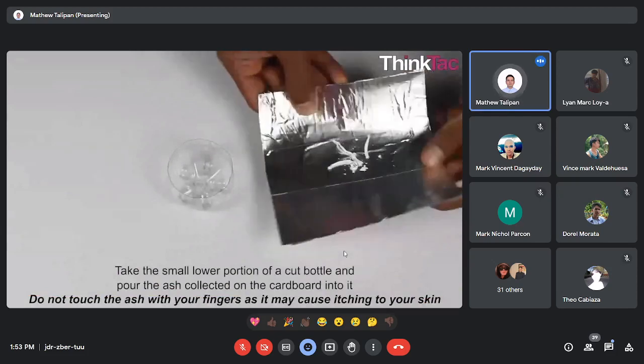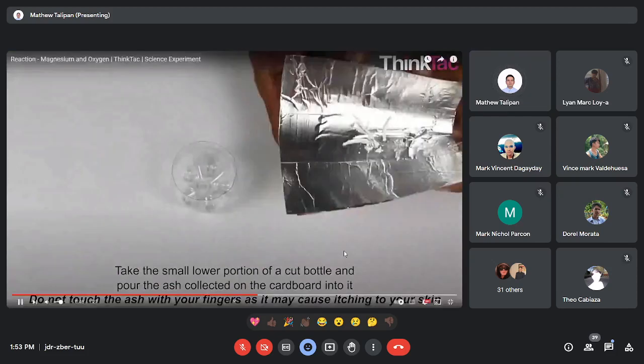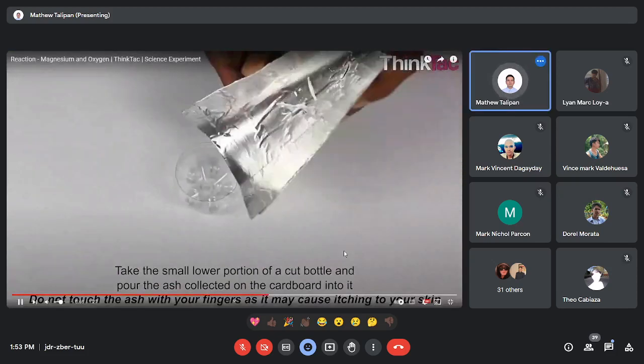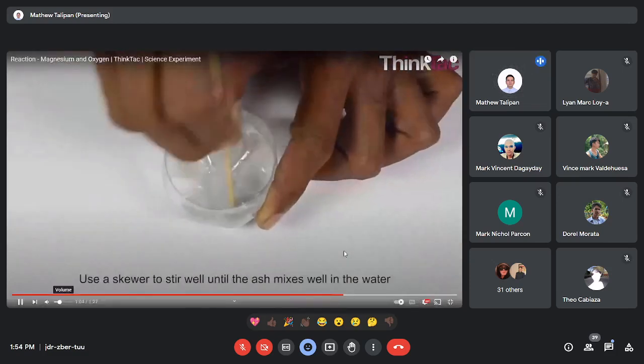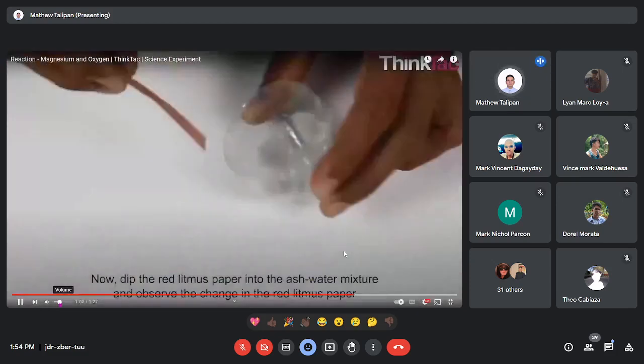So if that is dissolved in water and you mix that, it is actually soluble, and then we're going to test that with a litmus paper.